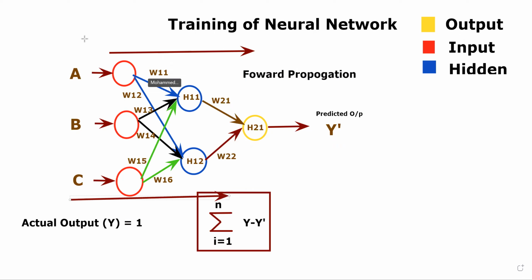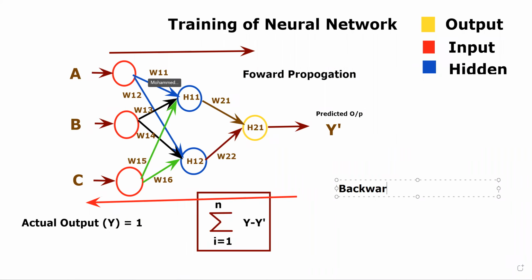It will be going in this direction. We can call this backward propagation. This method is called forward propagation. This method is called backward propagation.